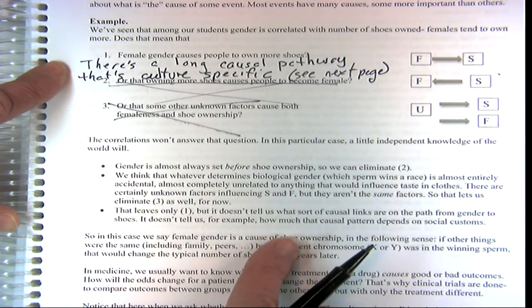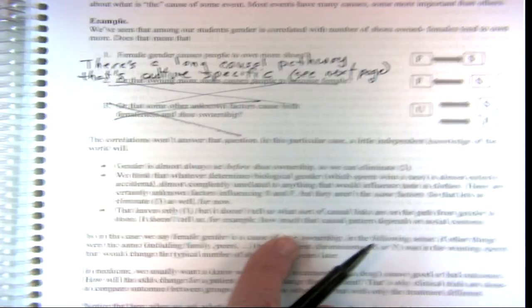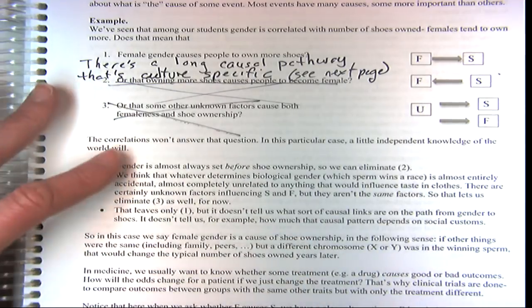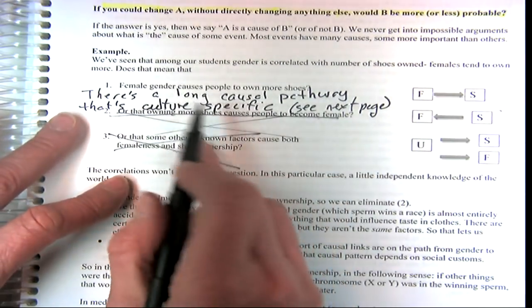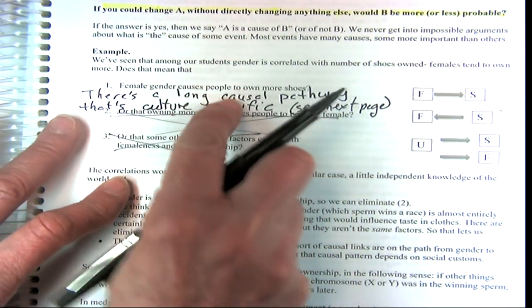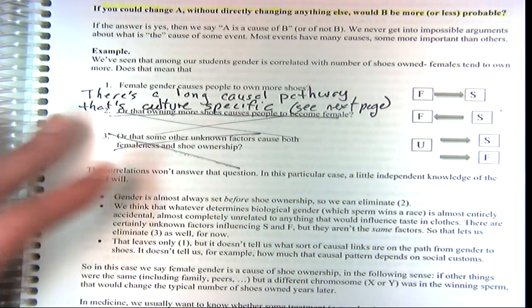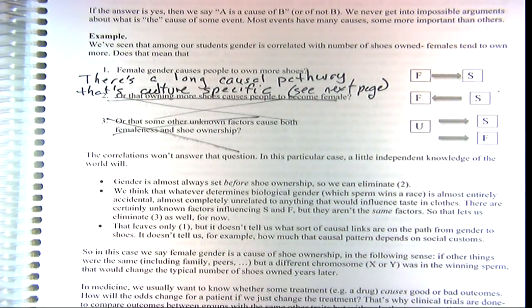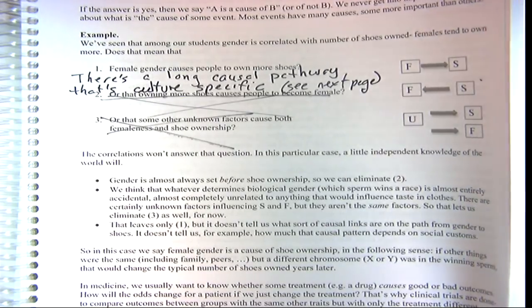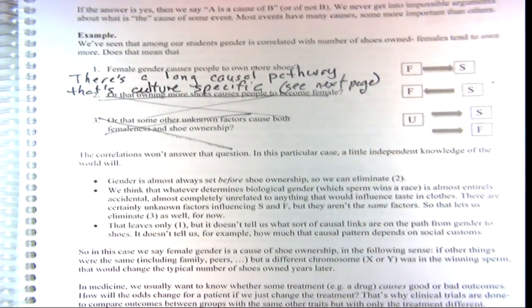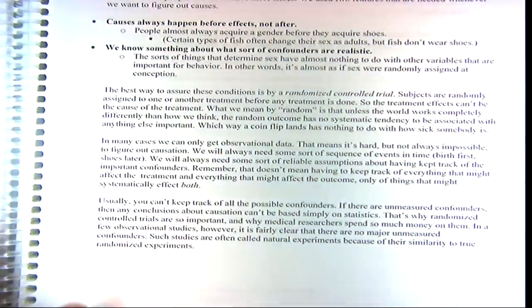It doesn't tell us, for example, how much depends on social customs and how much depends on hormonal stuff. It doesn't tell us any of that. This is the only one that's left. So we say it's causal. Okay? That's all.